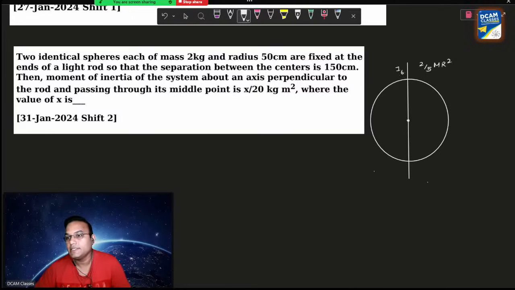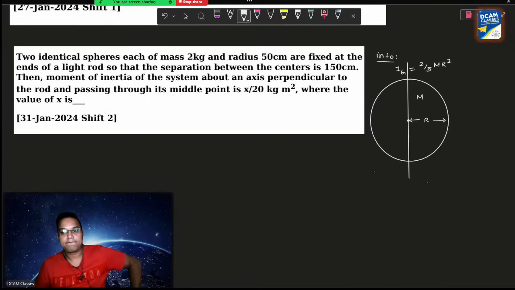This value of Ig is equal to this, where m is its mass and r is its radius. Only this important information is needed. Later you will remember it.